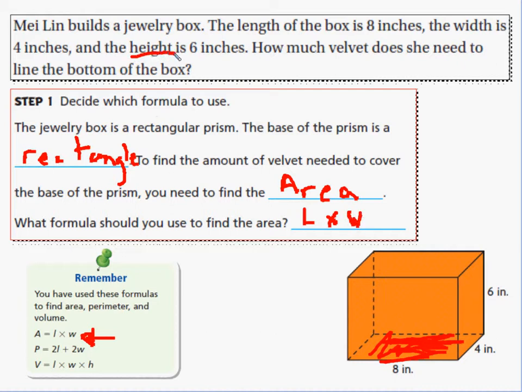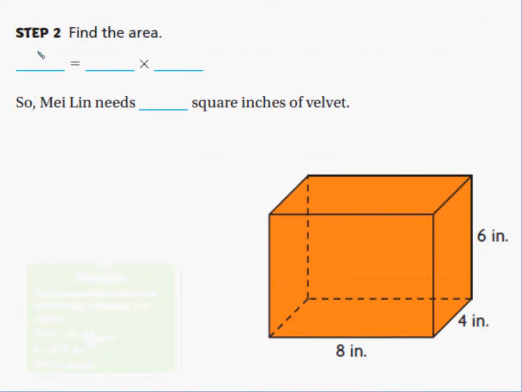This is extra information. So you have to really understand what the problem is asking before you just go ahead and start multiplying things. The area is, once again, length times width. So that's 8 inches times 4 inches. 8 times 4 is 32, and the units are square inches.